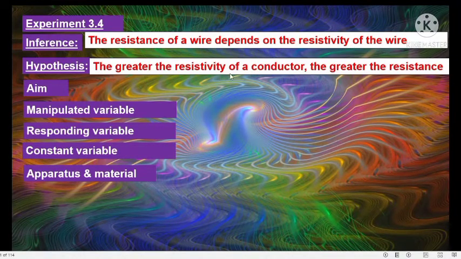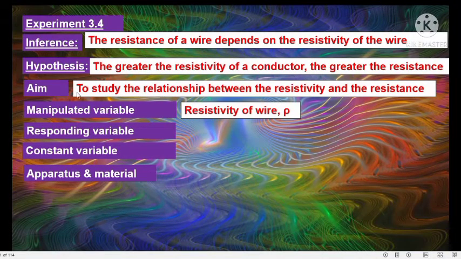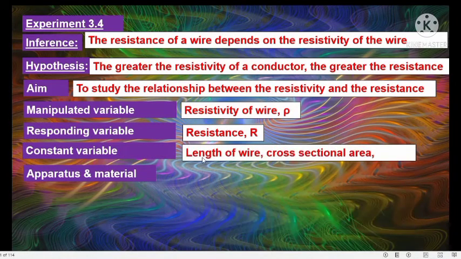The greater the resistivity of a conductor, the greater the resistance. Aim: to study the relationship between resistivity and resistance. So manipulated variable, we use different types of wire, meaning resistivity of wire, rho. Responding variable, resistance, R. Constant variables, length of wire, cross-sectional area of wire, and also temperature.